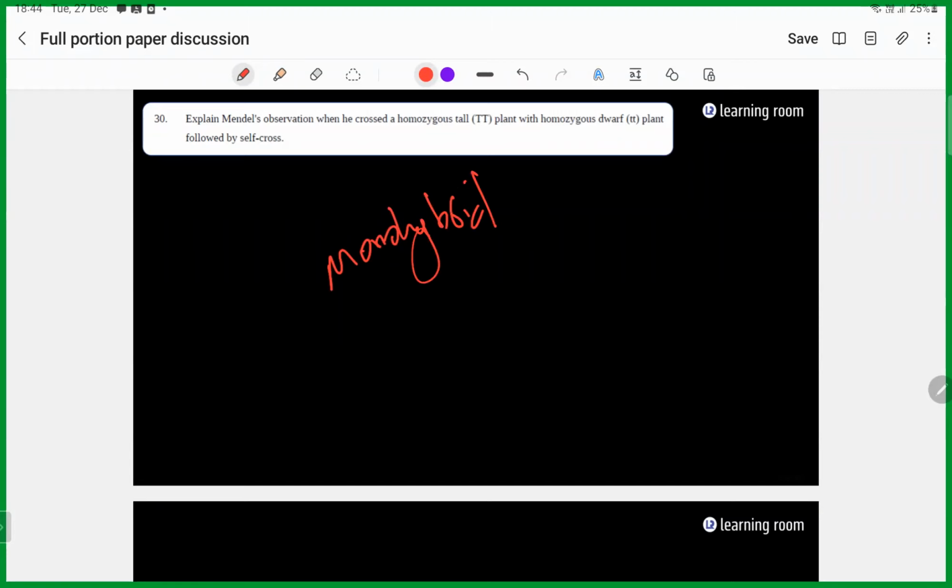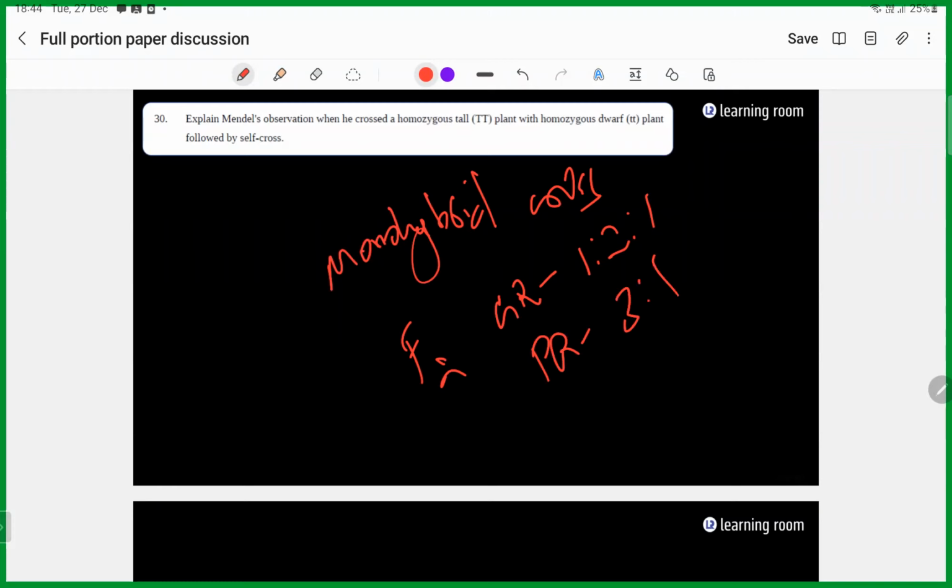Monohybrid cross. And you mentioned the F1 and F2, the genotypic ratio and the phenotypic ratio, 3:1. Yes, sir, I mentioned it.